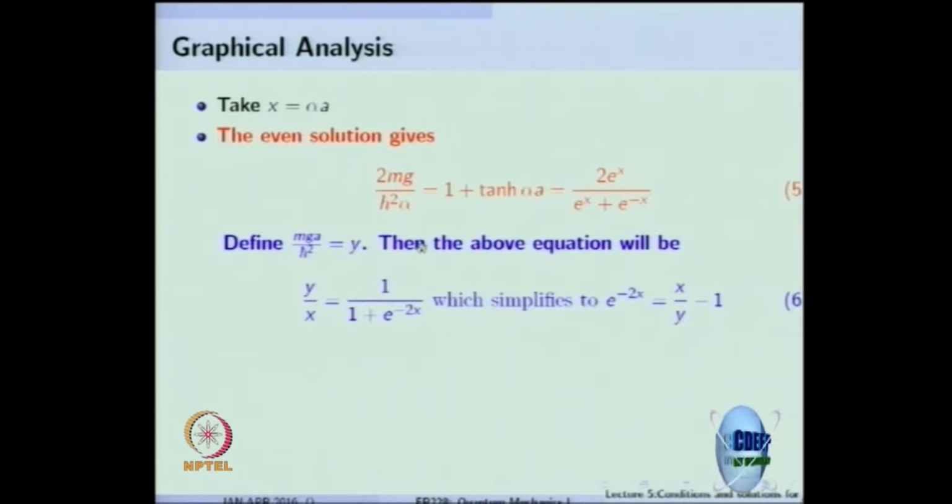If you do that, then you will have a 2y, I think, the 2 will cancel on both sides. So, equation 5 can be further simplified, substituting y over x, and you can write an equation which is e to the minus 2x equal to x over y minus 1.